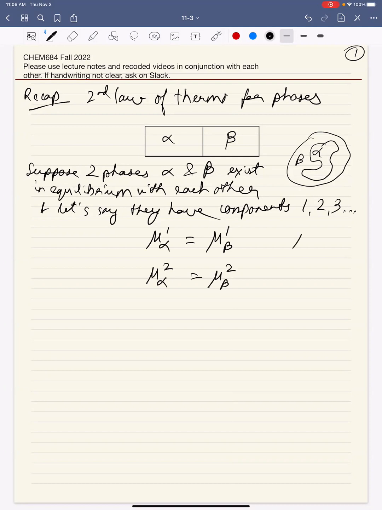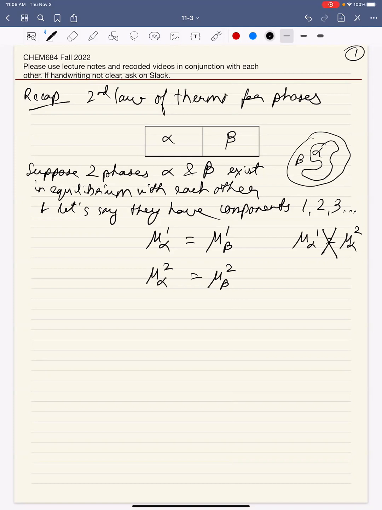We are not saying anything about this thing. The chemical potential of two different components in the same phase can be different. There is no justification why they should be the same.